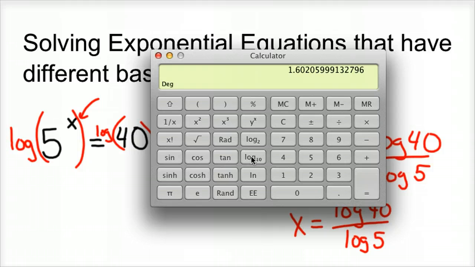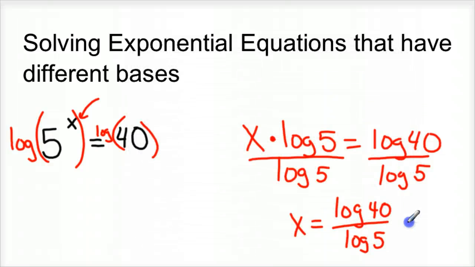So it's 1.602, and so on, divided by log 5. Since I hit divided by, I can hit equals, and it'll give me my approximation. So my approximation is 2.29.